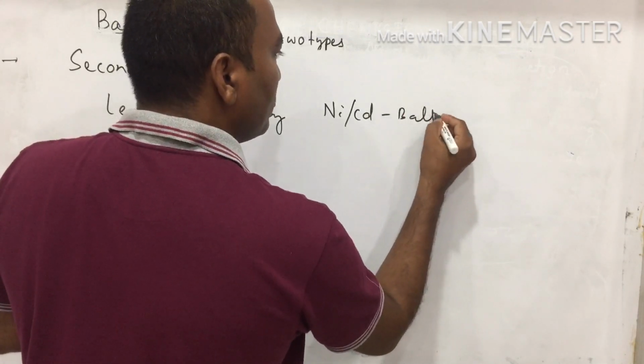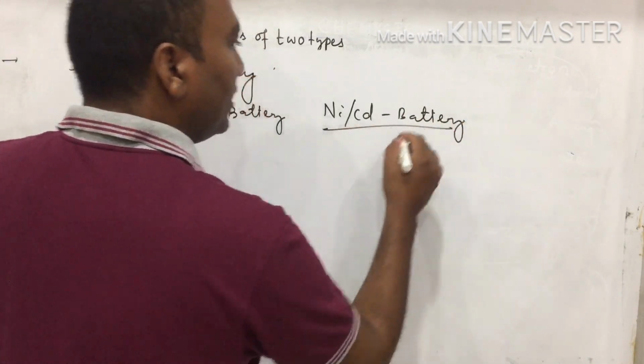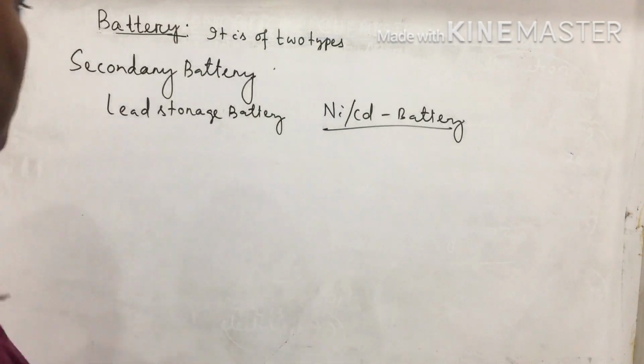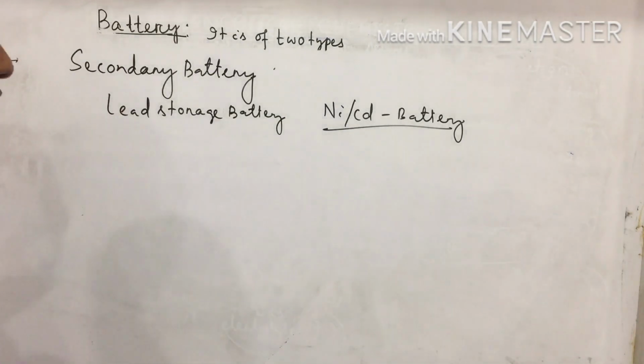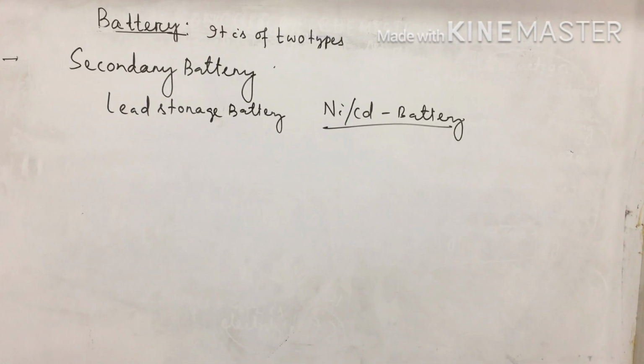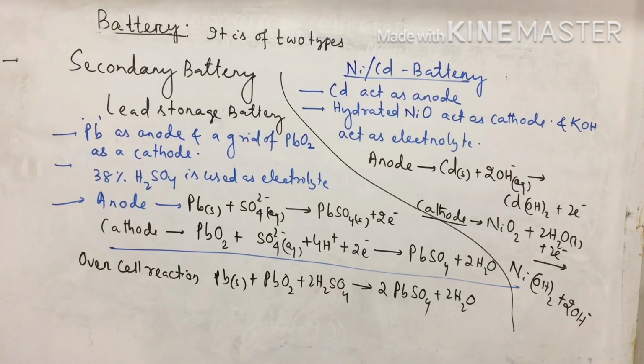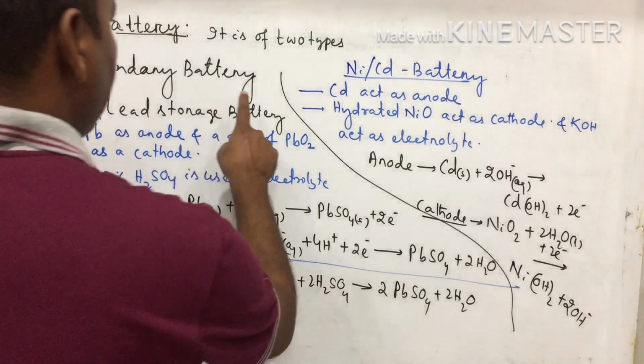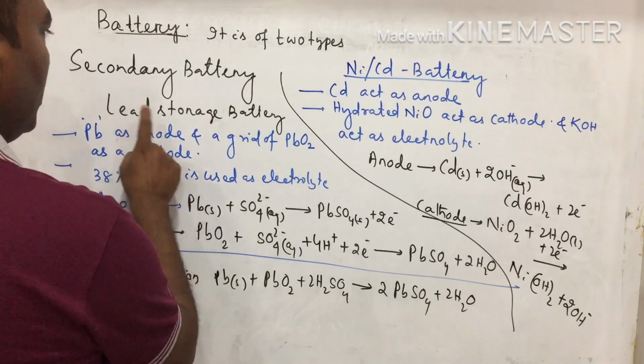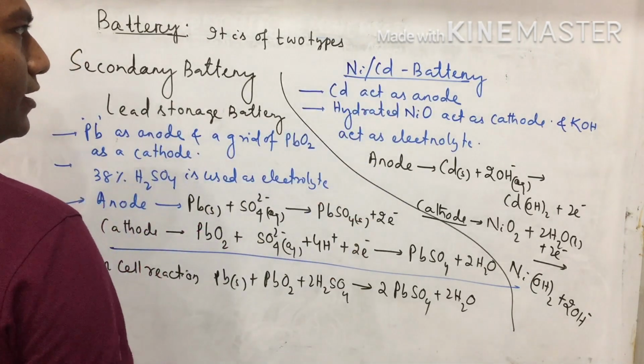Which one was used earlier in cameras? The nickel cadmium battery.